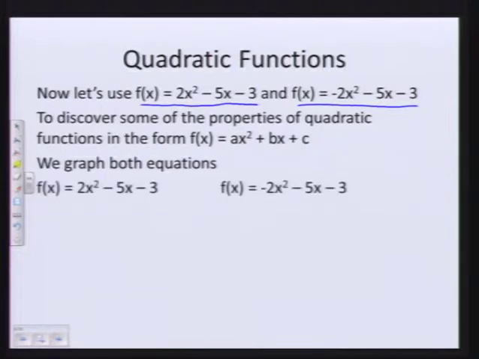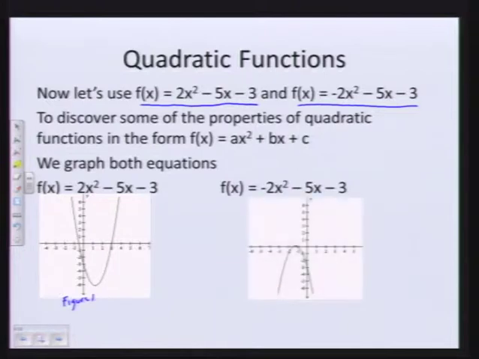And so we've got the two functions, and we'll see the first function, f of x is equal to 2x squared minus 5x minus 3, has a graph that looks like this first one here on the left side. I'm going to call this figure 1. Okay, so figure 1 is the graph of that first function.